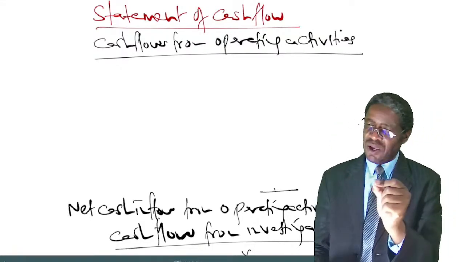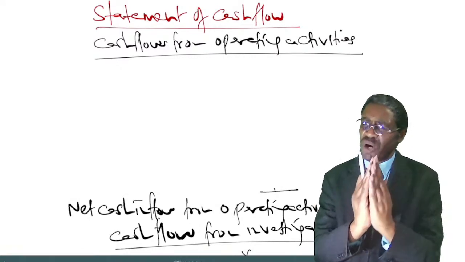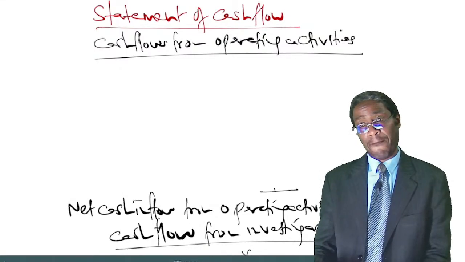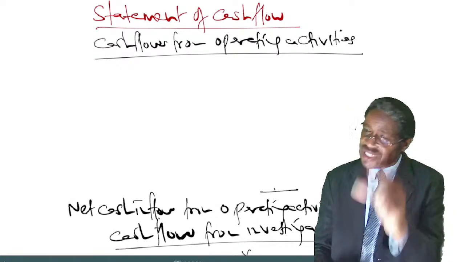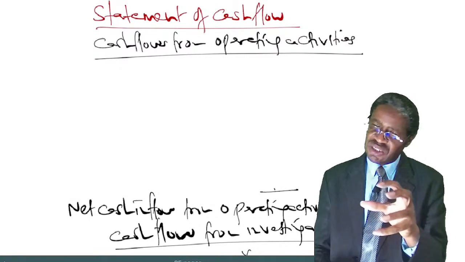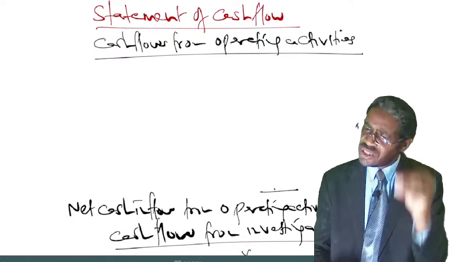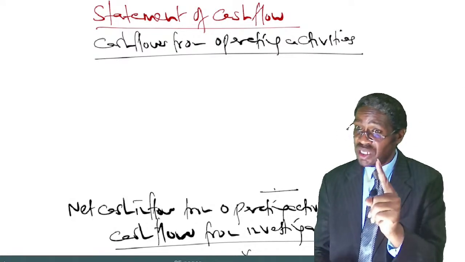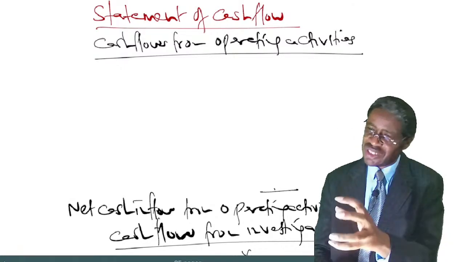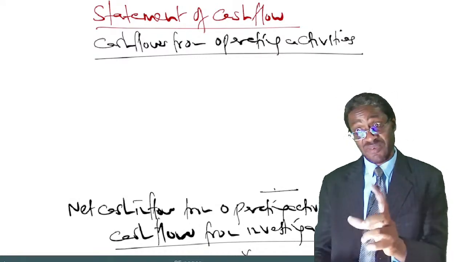And first, what are operating activities? When we say we are looking for cash flows from operating activities, what do we mean? Now listen, operating activities are those transactions and events. All those transactions and events that are used in the determination of a profit of the business, we classify as operating activities.